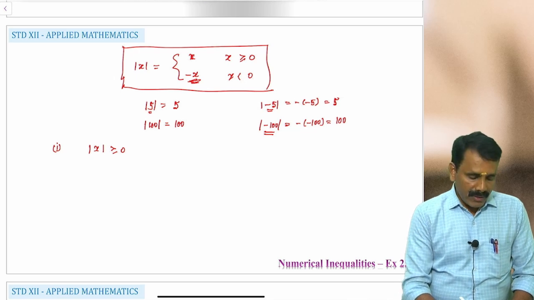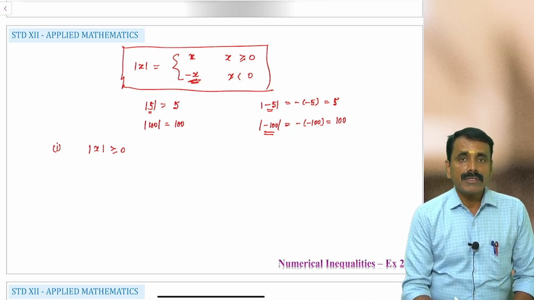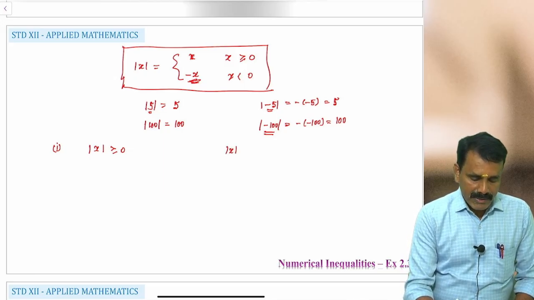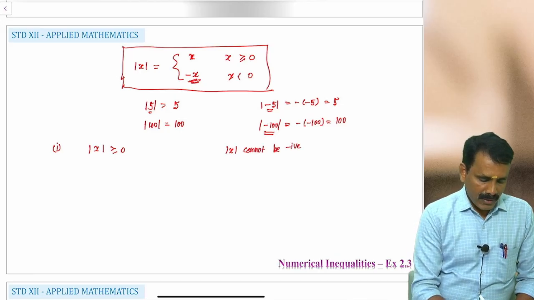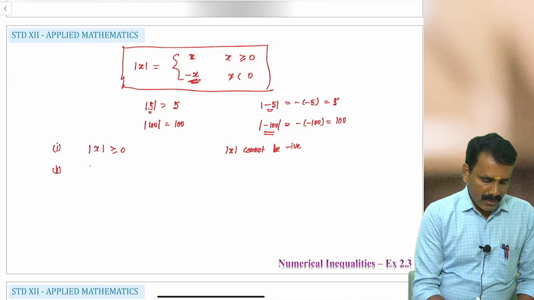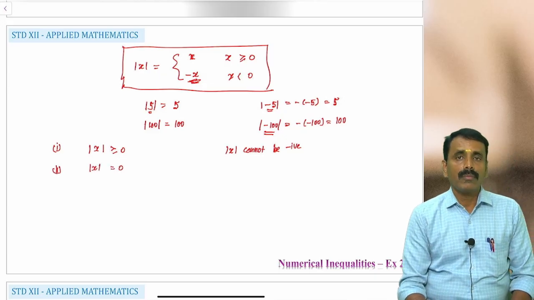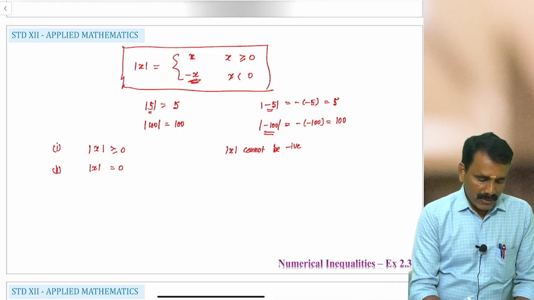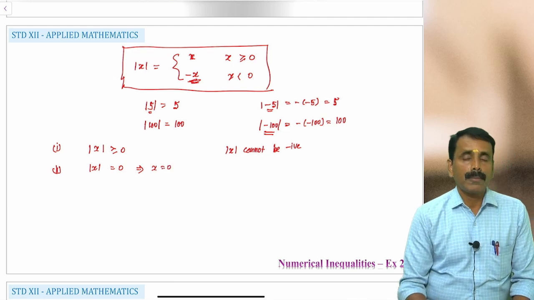The answer we derive from the modulus function is always greater than or equal to 0, and mod x cannot be negative. Second one, modulus of x is equal to 0. If the modulus of a number or expression is equal to 0, then definitely your x value should be equal to 0.